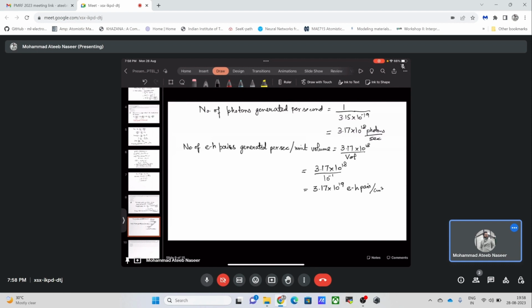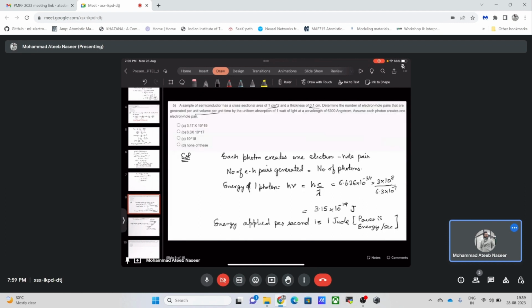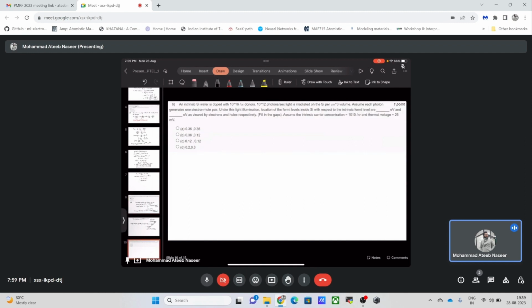Okay, so the value is 3.17. Option A is matching our values, so we will go with the 3.17 value. Now this problem is also on this sixth problem.